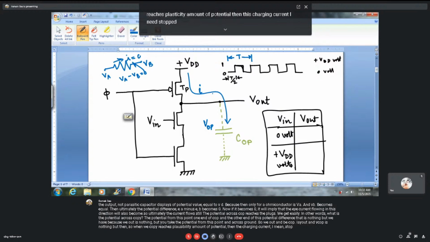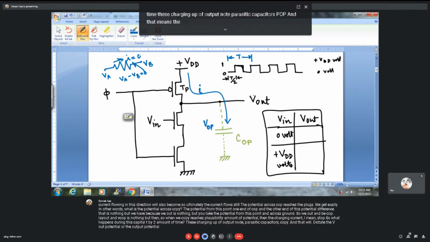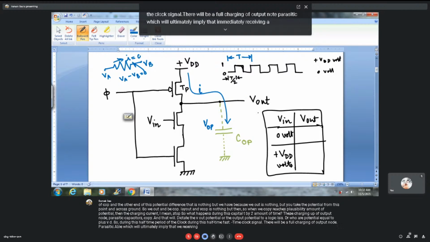So during this capital T/2 amount of time, the charging up of the output node parasitic capacitor COP happens, and that will drive the Vout potential to a logic high state, a potential equal to plus VDD. So during this first half time period of the clock signal, there will be a full charging of the output node parasitic capacitor, which implies that you will receive an active high output potential at the output of the circuit.